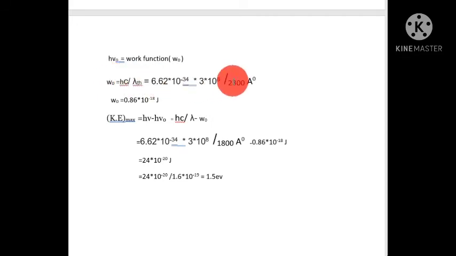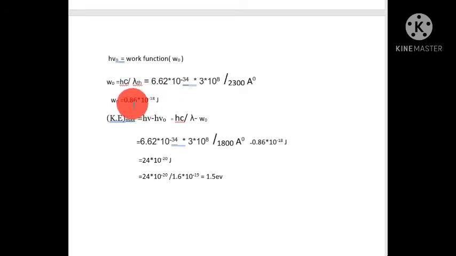By putting all these values and solving, we get the work function. Directly we can put the value of hc, 12.4 into 10 to the power 3 electron volt angstrom, here directly. And by solving this, we find the work function is 0.86 into 10 to the power minus 18 joule.